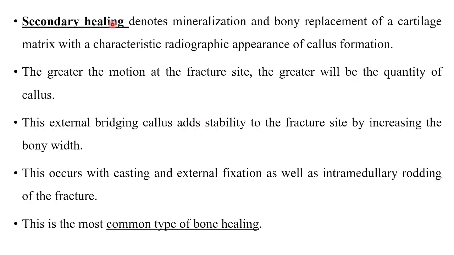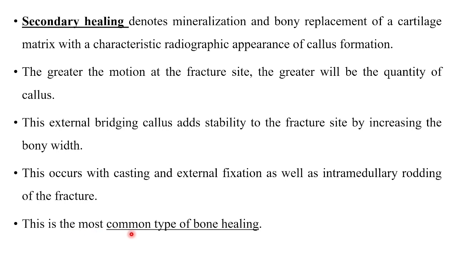Next is secondary bone healing, which denotes mineralization and bony replacement of a cartilage matrix with a characteristic radiographic appearance of callus formation. The greater the motion at the fracture site, the greater the quantity of callus. This external bridging callus adds stability to the fracture site by increasing the bony width. This occurs with casting and external fixation as well as intramedullary rodding of the fracture.